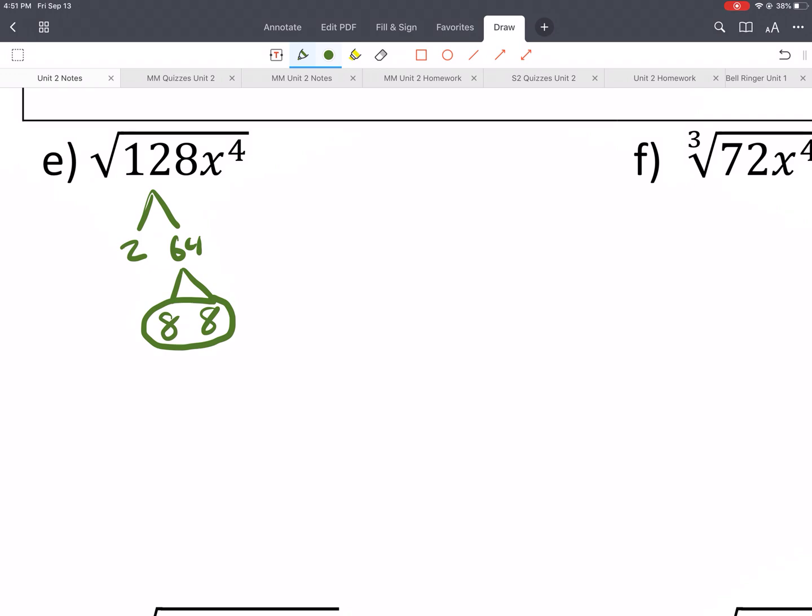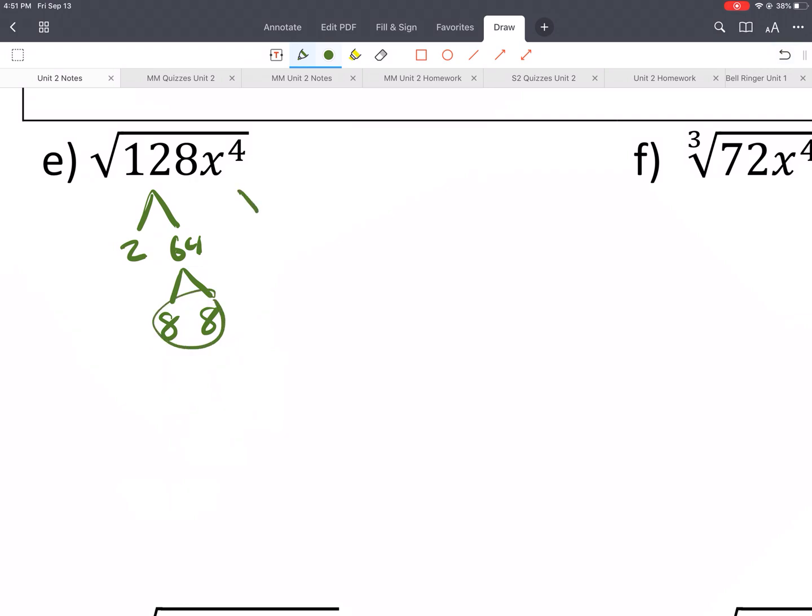If you didn't know that, you could just keep going and do 2 and 4 and 2 and 2, and you would take out a 2 and a 2 and a 2, but 2 times 2 times 2 is 8, so you end up getting the exact same thing. So I'm just going to leave it at 8, a pair of 2's.